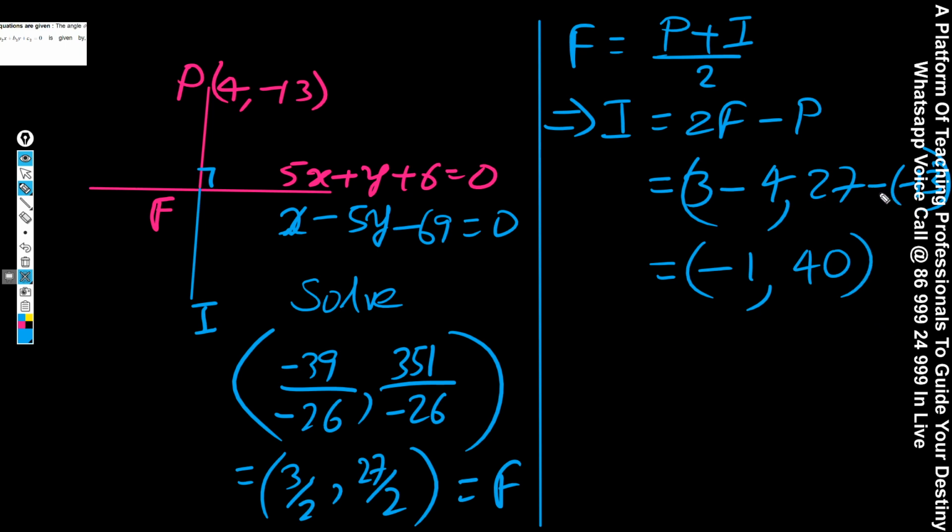This is minus 27, please. So this is minus 27 plus 13, which is nothing but minus 14. So (-1, -14) is the answer.